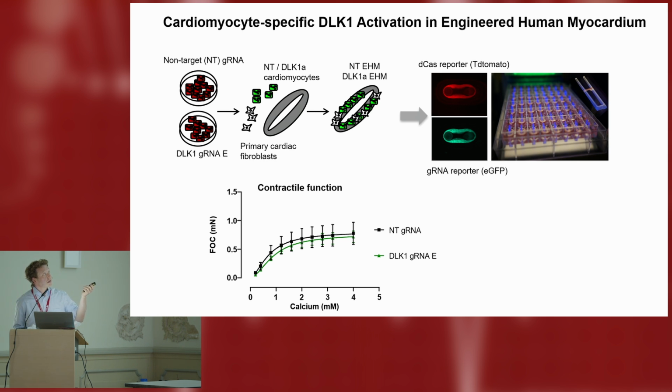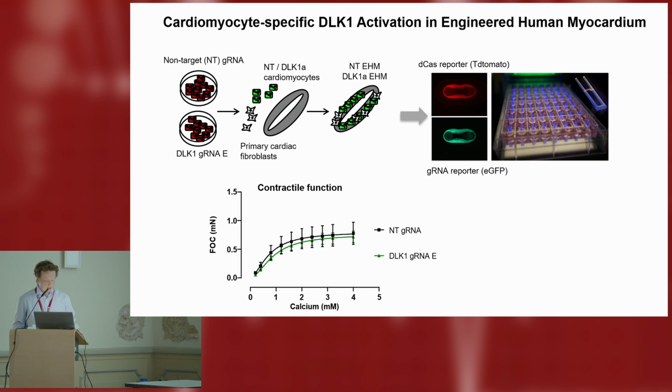And you can see that the tomato is reporter for the dCas9 in every cardiomyocyte, and the guide RNA transduction is monitored with eGFP expression, and we typically had a transduction rate of above 80%. So in basal contractile function, this did not seem to make a big difference.